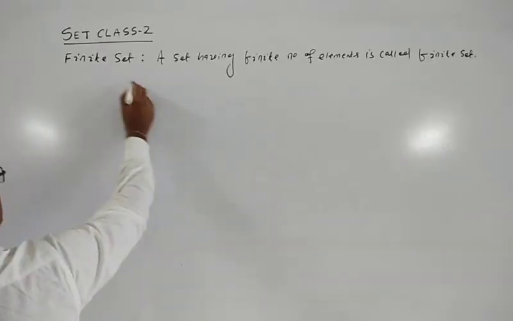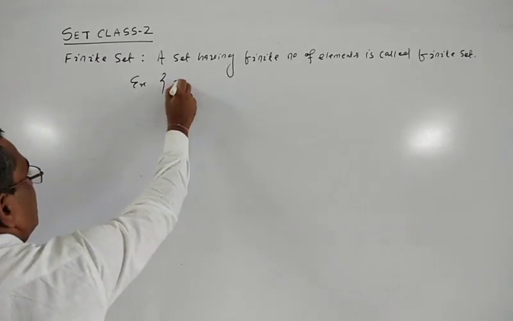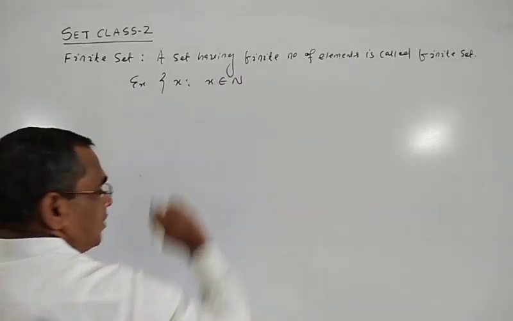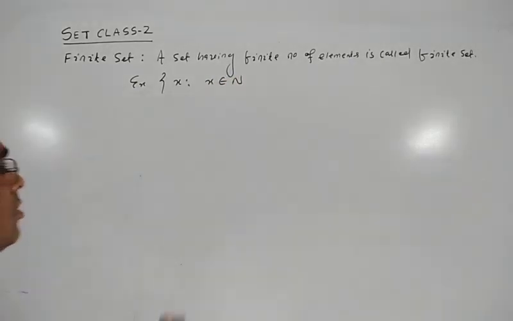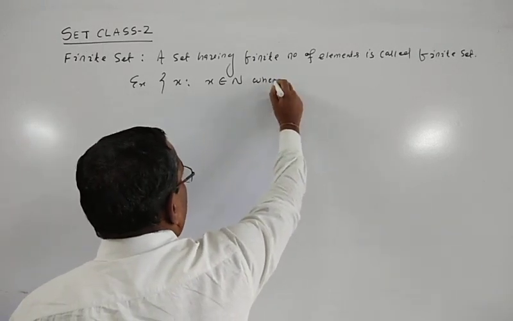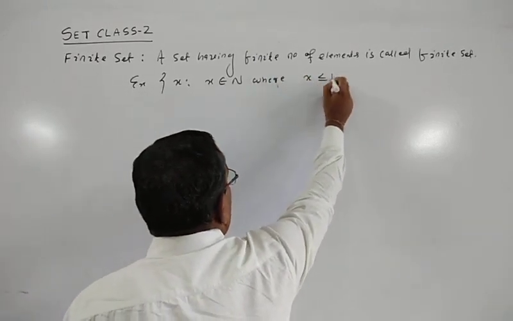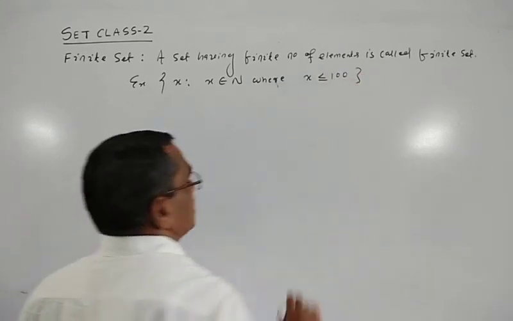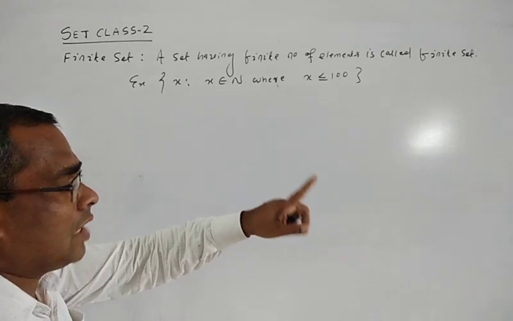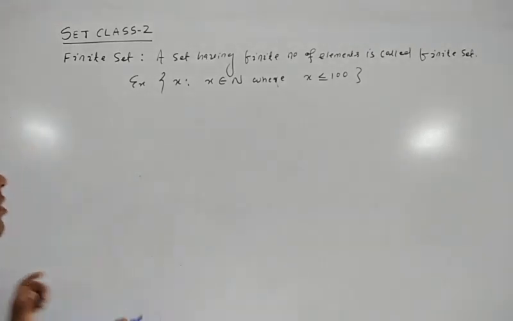For example, number 1: x such that x belongs to N, means set of natural numbers, where x less than or equal to 100, means x is 1, 2, 3, 4, dot dot, 99, then 100. So this is a finite set.